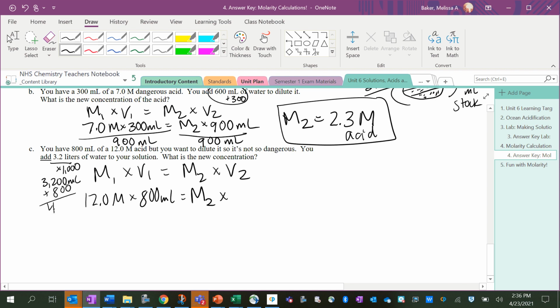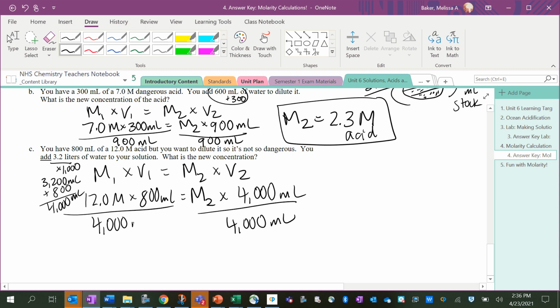So that's a total of 4,000 milliliters. Divide both sides by 4,000 and we'll have our new concentration. Oops, M2 is what I meant to write here. 12 times 800 divided by 4,000. New concentration is much safer, 2.4 molar.